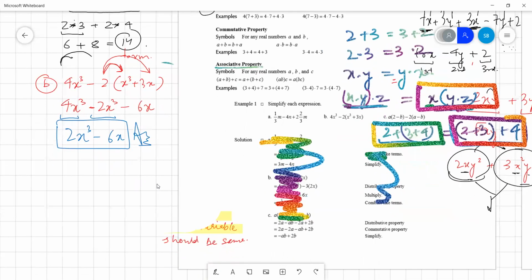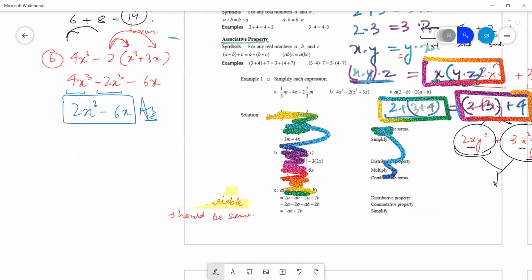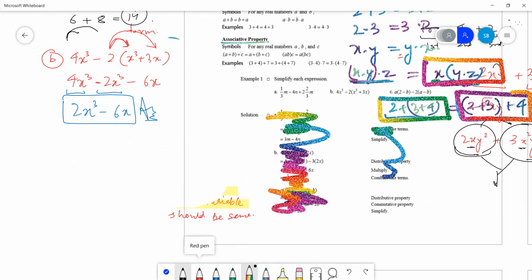So we did some simplification. Now, can you please do option C? Example 1, option C, yourself right now. Okay, give me 1 second. I'll write this question again: A times (2 minus B) minus 2 times (A minus B).